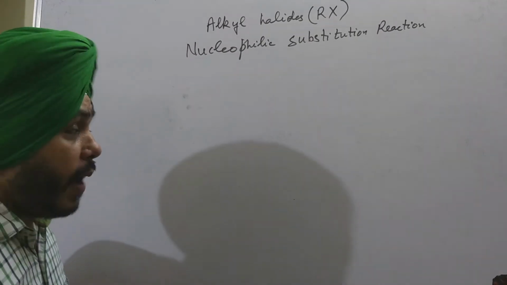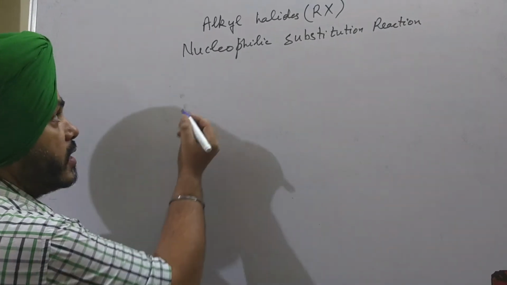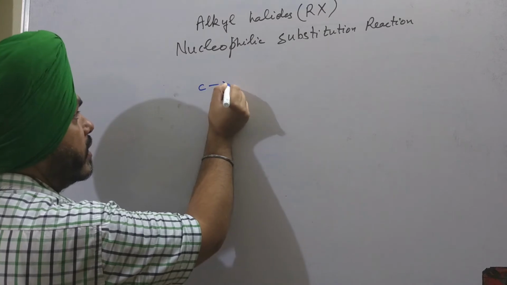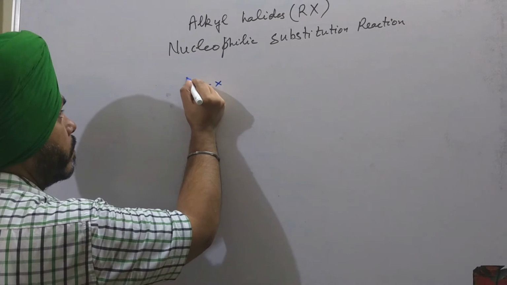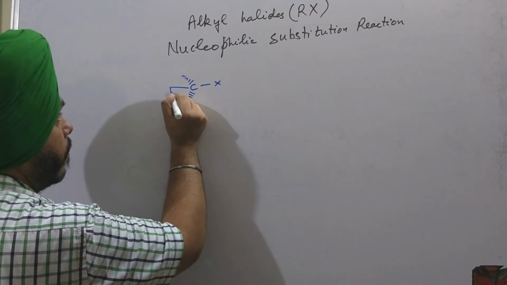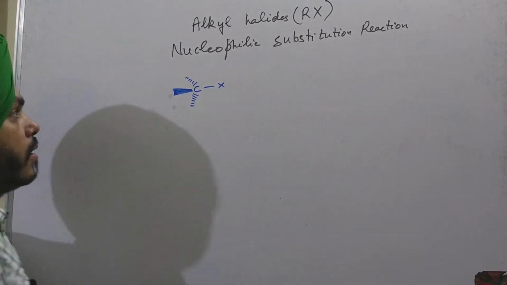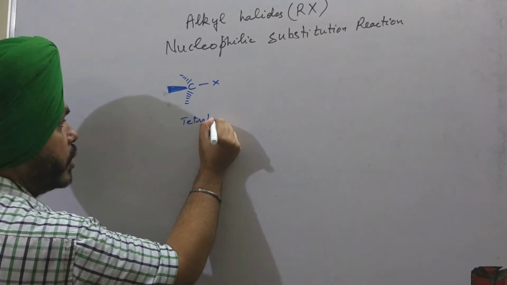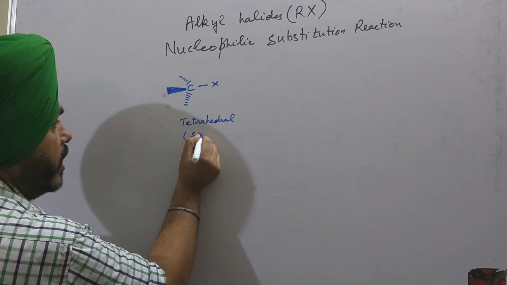By whichever name we call it, the characteristics are the same. What is the hybridization of the carbon? It is a tetrahedral carbon which can be drawn like this. This is the tetrahedral carbon present in the alkyl halide, just like in any of the alkanes. This is sp3 hybridized.